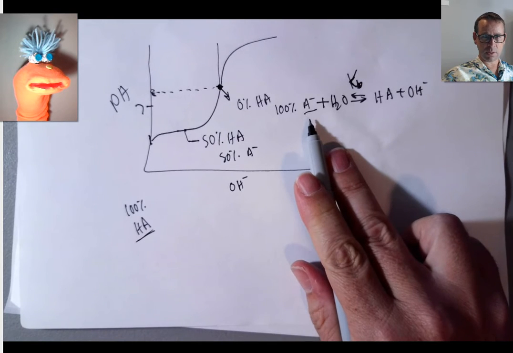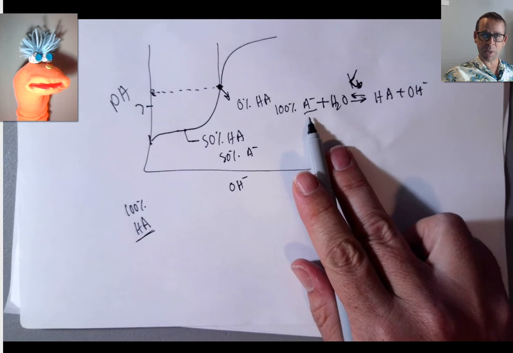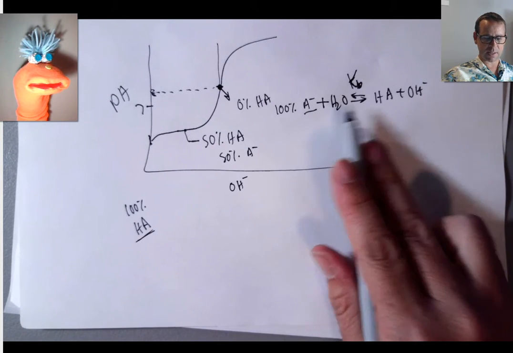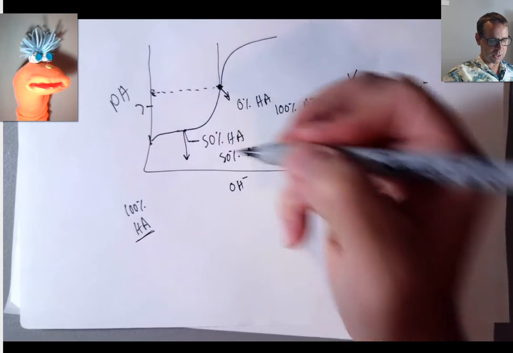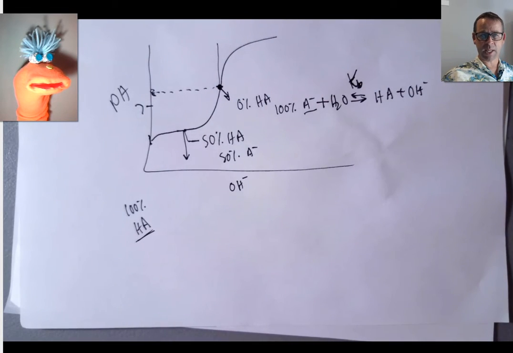This is the conjugate base of this acid acting as a base. So if this here is the pKa for the acid, right?